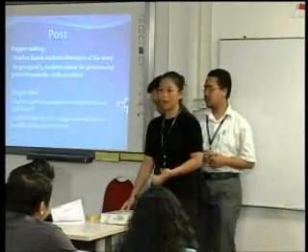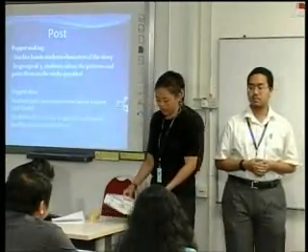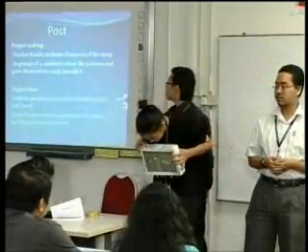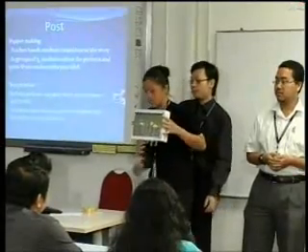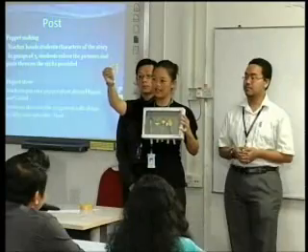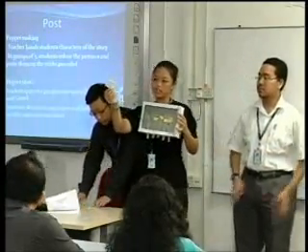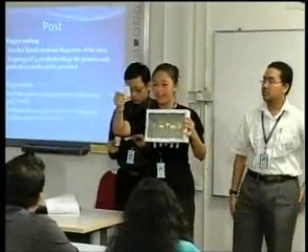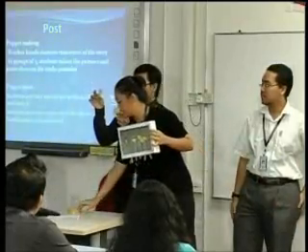Yeah, so for the post-activity, we're going to make very simple puppets like that. Can you see? I've handed around some pictures of the puppets. Students can color them and then cut them out.